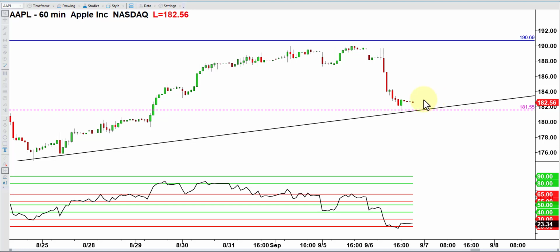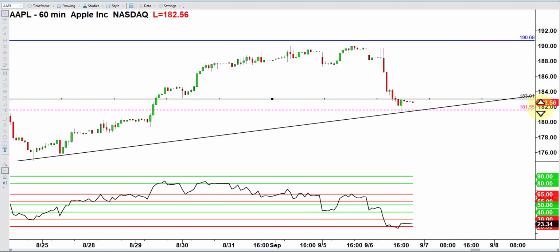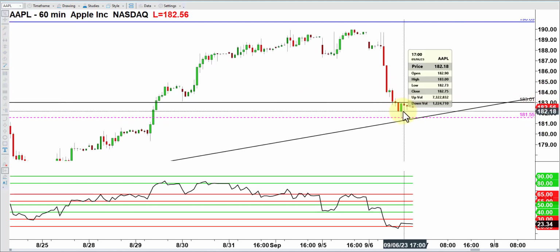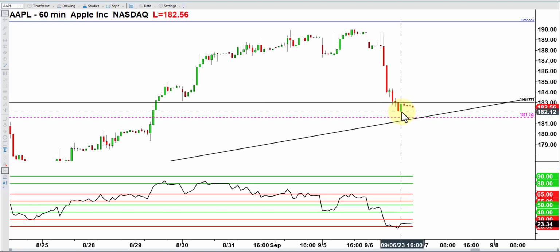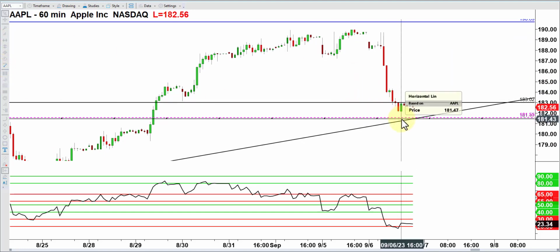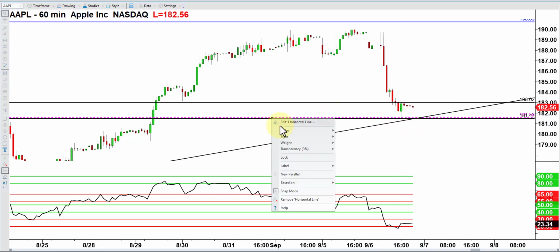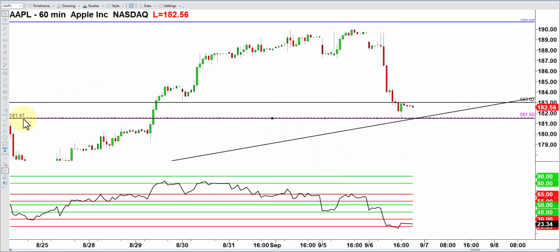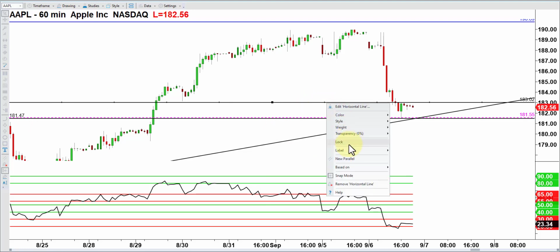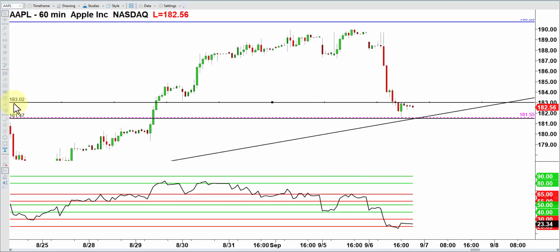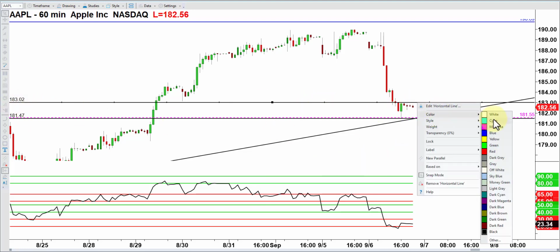But right now, what I can see is that this gives us a defined range. So we now have this range, 183.01, okay, or actually 183.02 to be exact, and down below at 181.47. So I'm going to put those little labels off to the different side, all right? So that's the little range to watch.